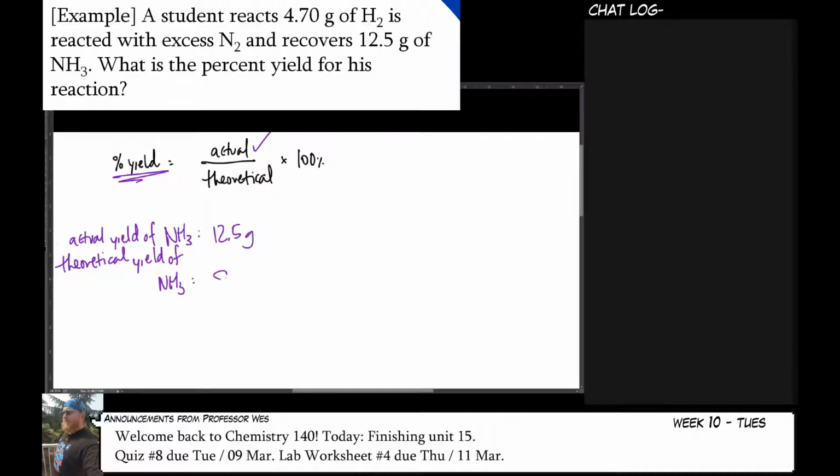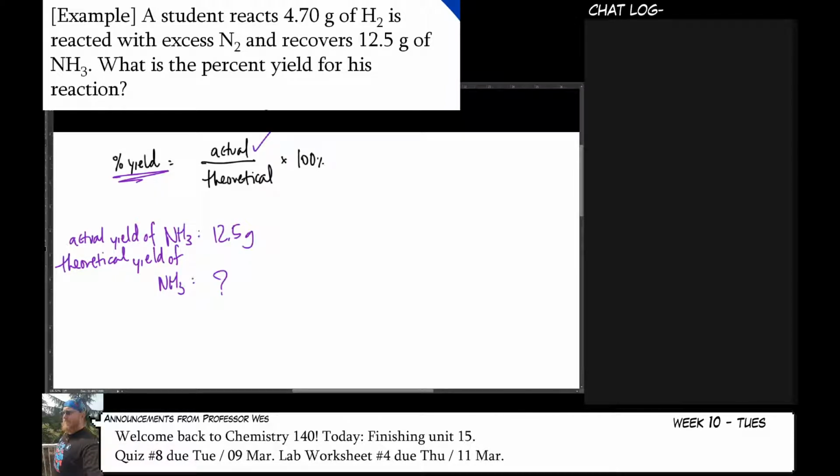What's the theoretical yield? Well, I don't know yet. But I would know the theoretical yield if I knew how much NH3 you could make from 4.70 grams of hydrogen and excess N2.